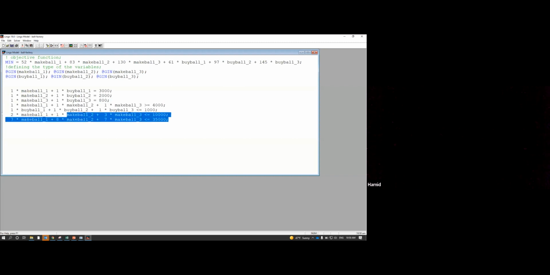And the last 2 are your resource constraints of labor: how many hours, and also how much money you can pay for your labor. So the only extra thing we have is @GIN, parentheses, and the decision variable.